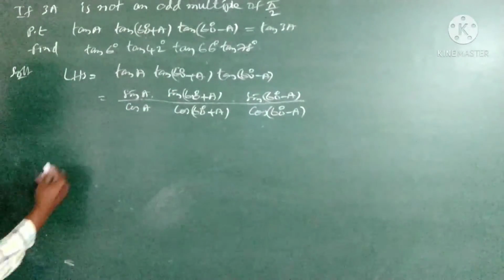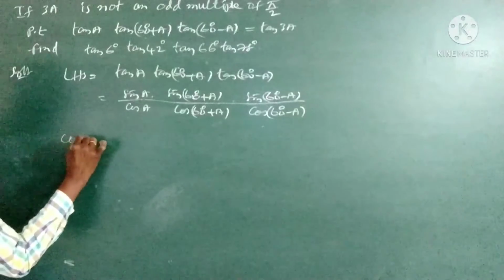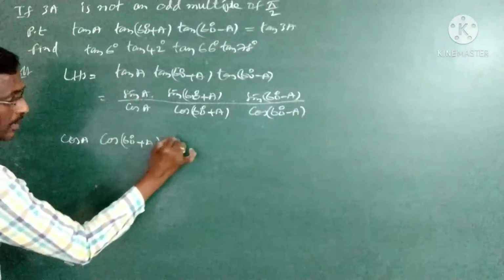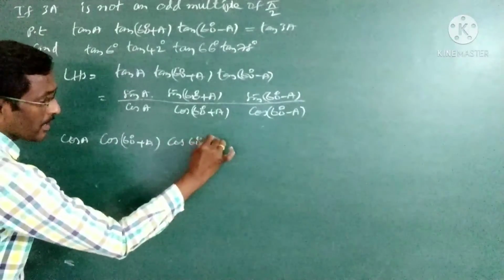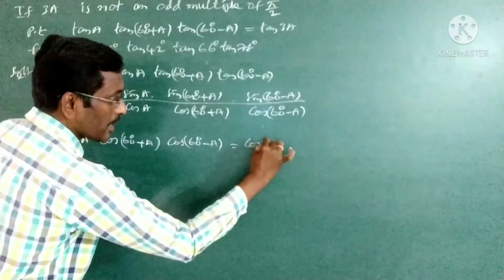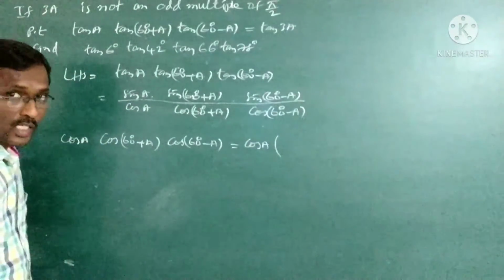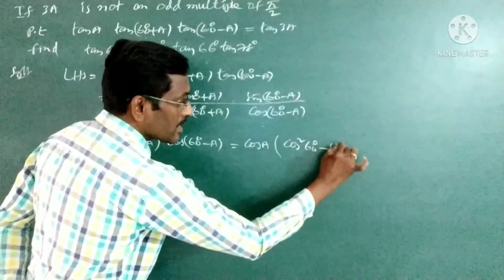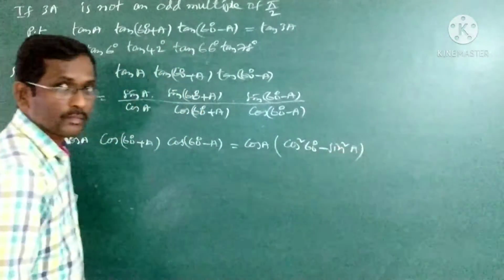Taking the denominator again, cos a cos(60 plus a) cos(60 minus a), which equals again cos a into (a plus b) into cos function, cos square a minus sin square b.